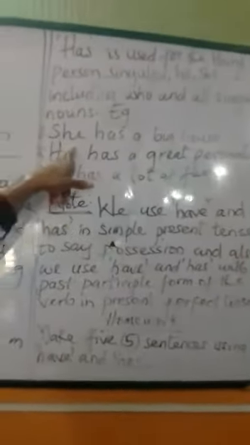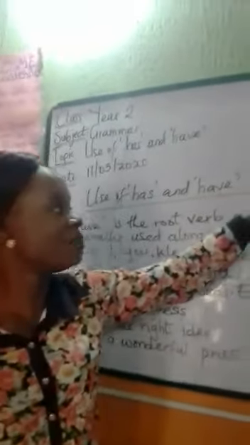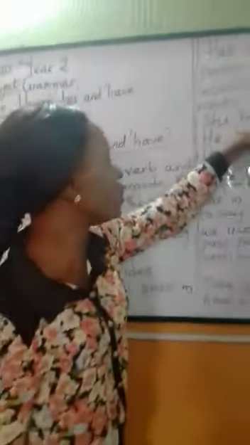Just like that. Example, she has a big house. She is the third person singular, that's why it moves along with has. He is also among the third person singular. He has a great personality. You don't say he have.